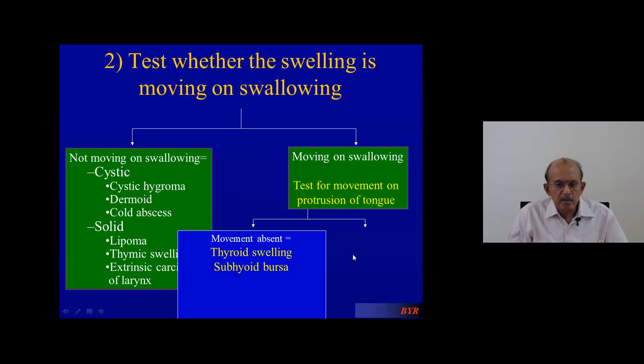Yes, thyroid, subhyoid bursa, thyroglossal cyst, and the pretracheal and prelaryngeal lymph nodes. Those are the swellings which move on swallowing.